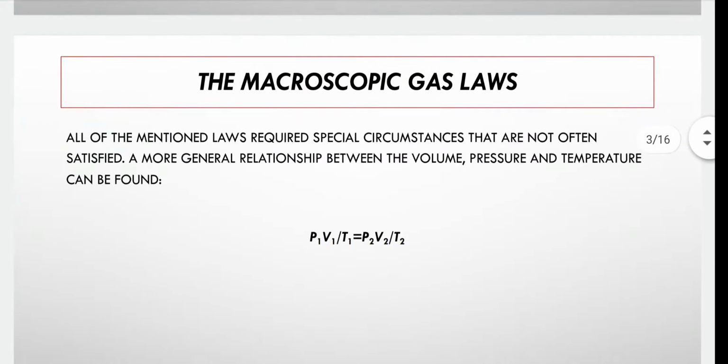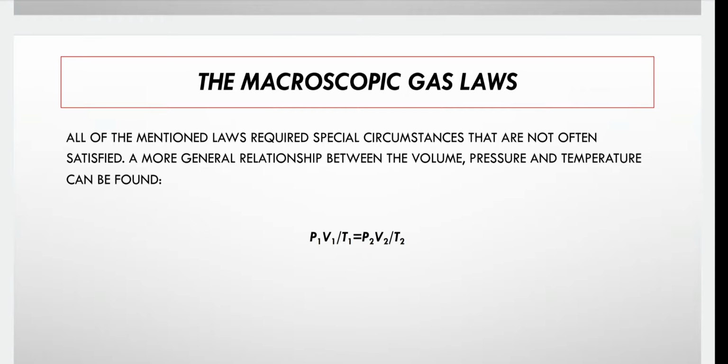First of all, we already covered the Avogadro's number and the gas laws previously. We have to go for another relation because of the many circumstances that are often not satisfied for understanding the gas relations.